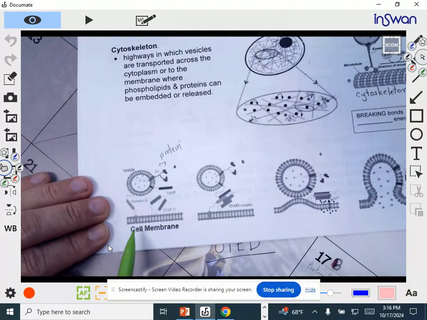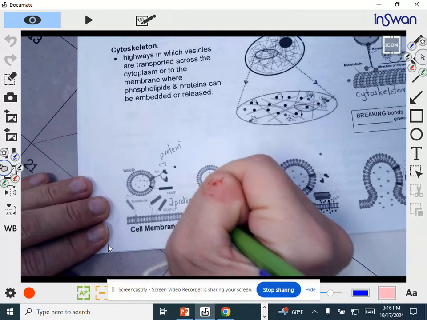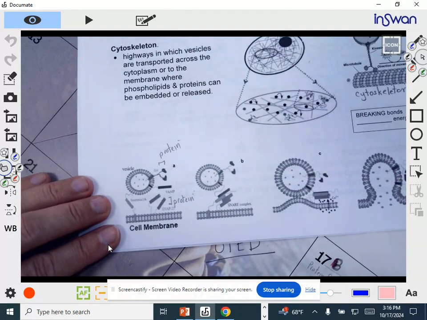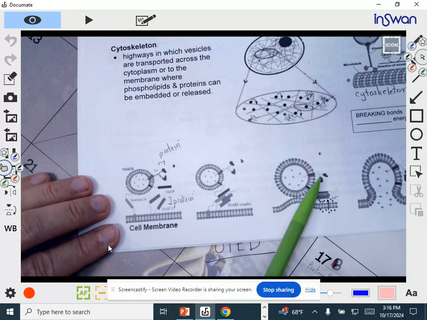And when this vesicle gets close to the cell membrane, then there's proteins in the membrane. So that's what they're trying to show you there. They're just drawing them a little bit different than what you maybe have seen in the previous diagram of the cell membrane, but that's a protein. And when these get close together, they get kind of stuck together here. So notice that this clamped down on this.